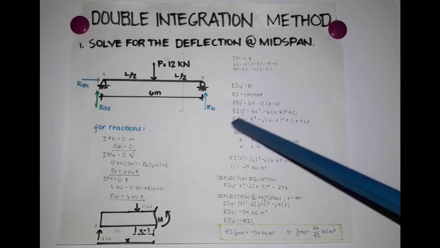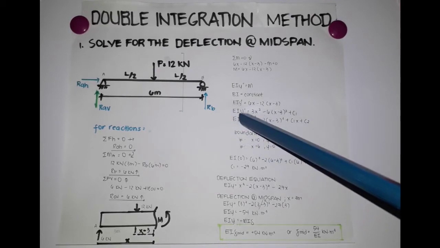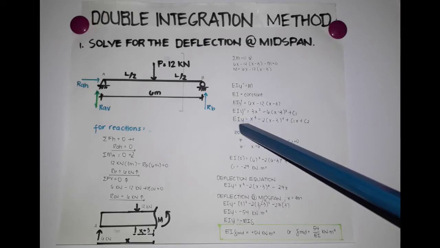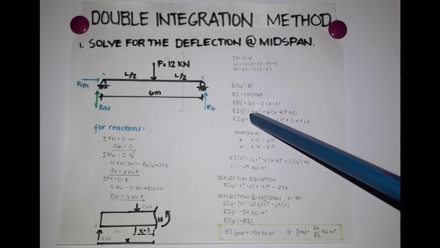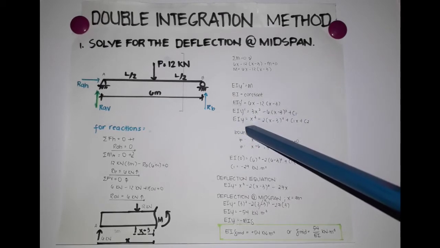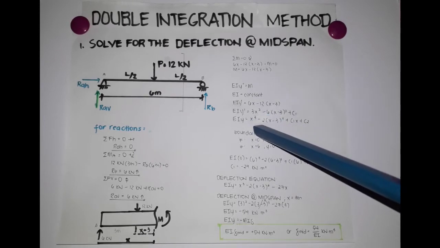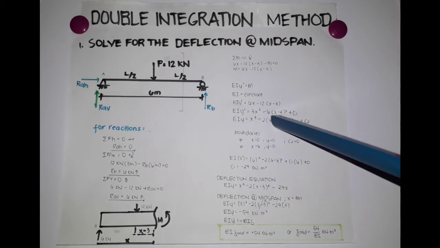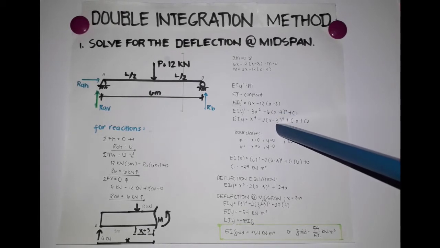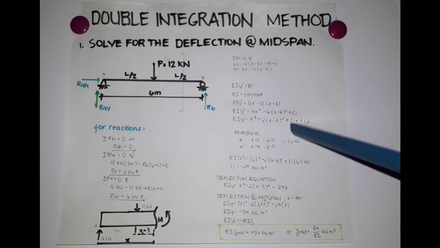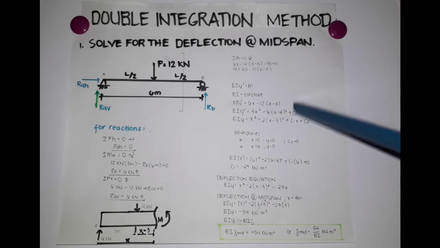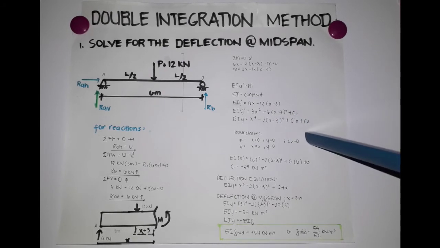Then mag-integrate tayo ulit. EIy prime maging EIy: 3x squared over 3 maging x cubed minus 6 over 3 maging minus 2(x minus 3) cubed plus C1x plus C2, kasi nag-integrate tayo, magdadagdag ulit tayo ng constant.